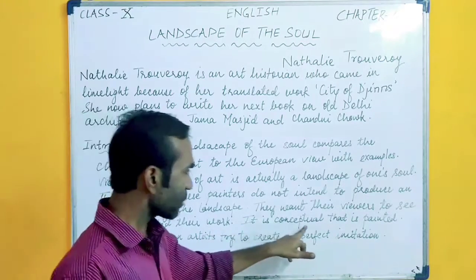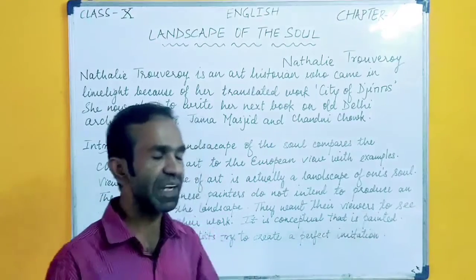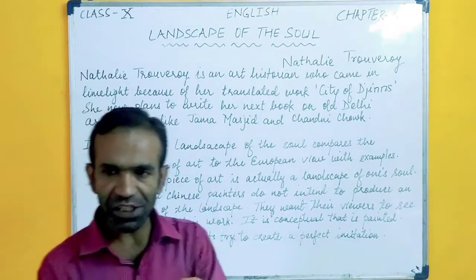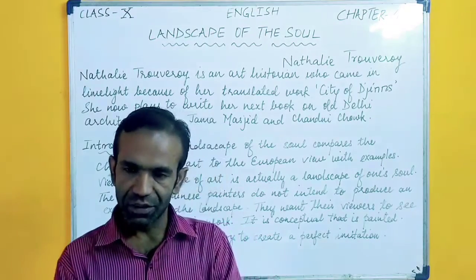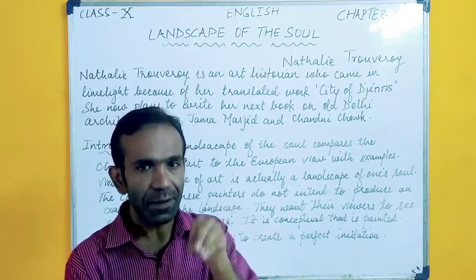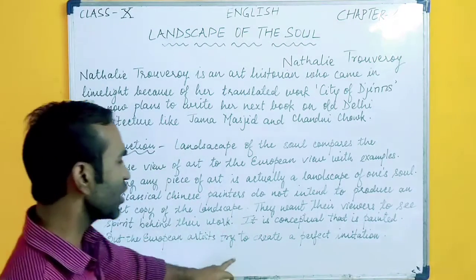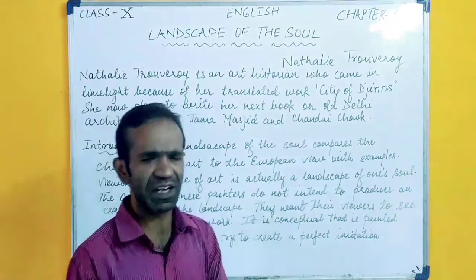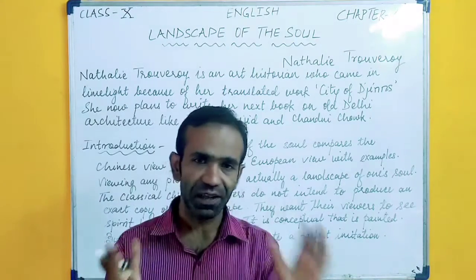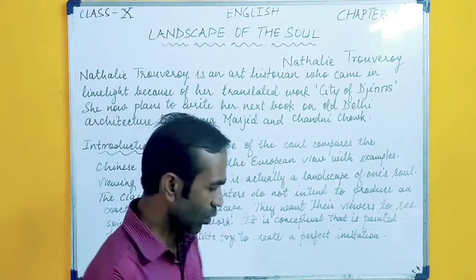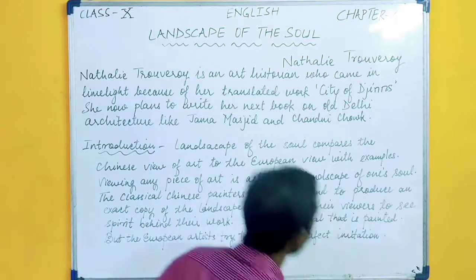It is conceptual that is painted, means the Chinese hold the view that only concepts are painted, okay, but the European artists try to create a perfect imitation, an exact copy of what is there. Now let us study it point wise.